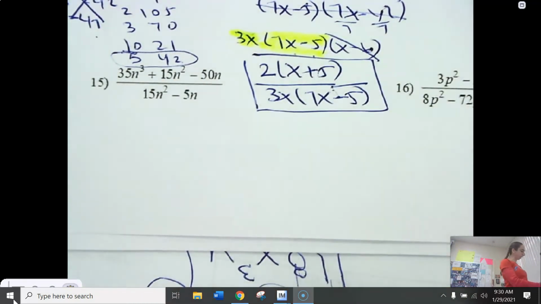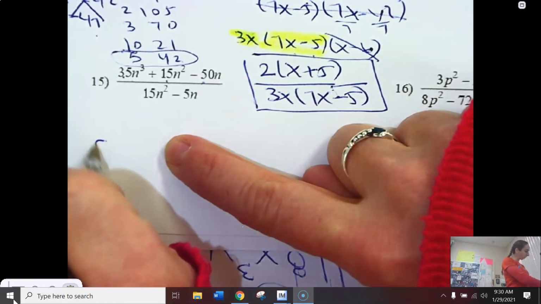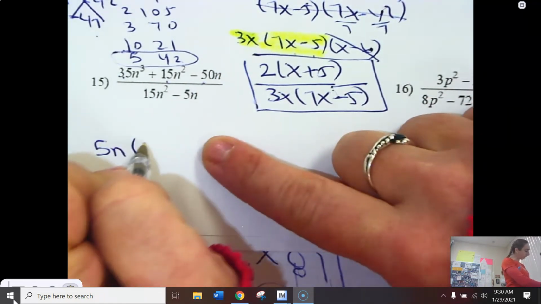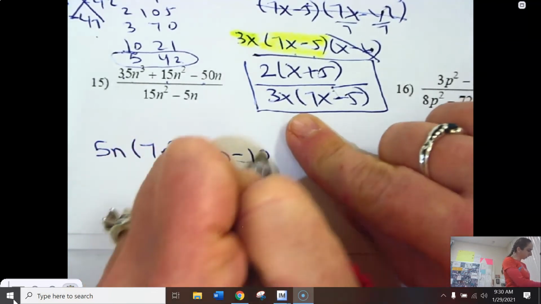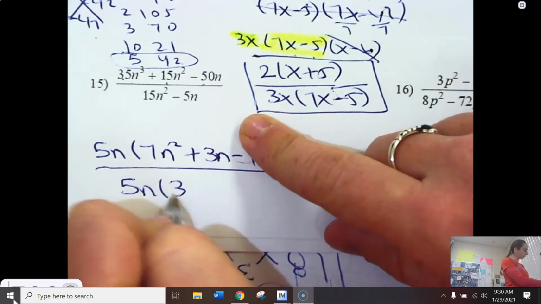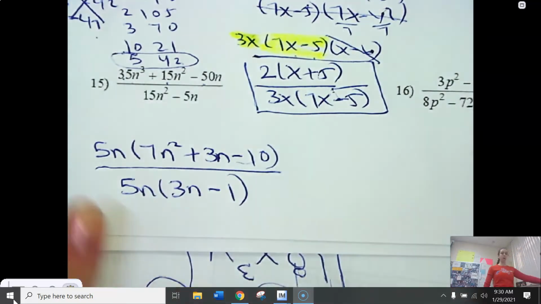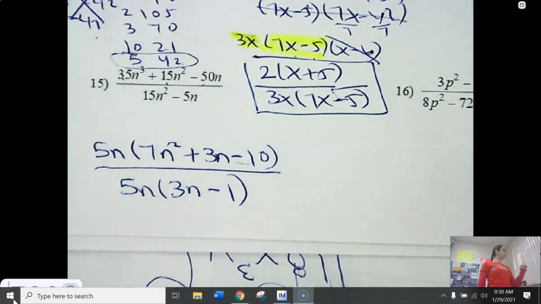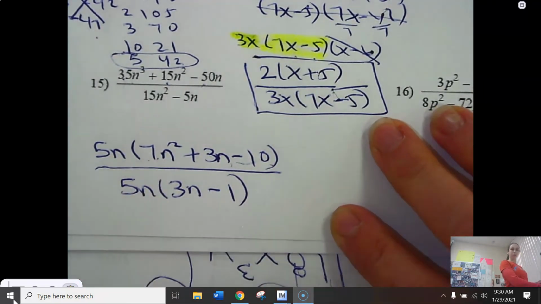So that's number 13. Let's do number 15. I notice they all divide by 5, and I notice they all have an n. 7n squared plus 3n minus 10. This I can take out of 5n, and I'd be left with 3n minus 1. Now, I want to use the strategy that I used in the previous problem to see if it'll work, because I don't want to magic X that.